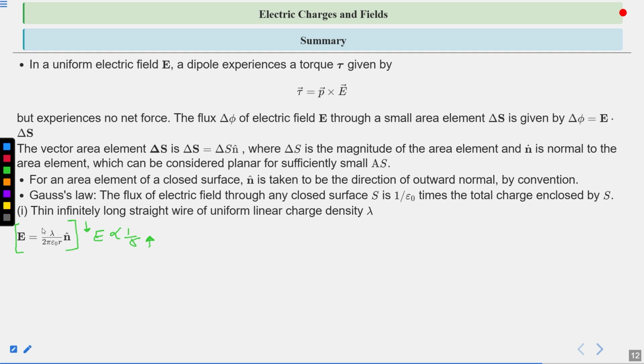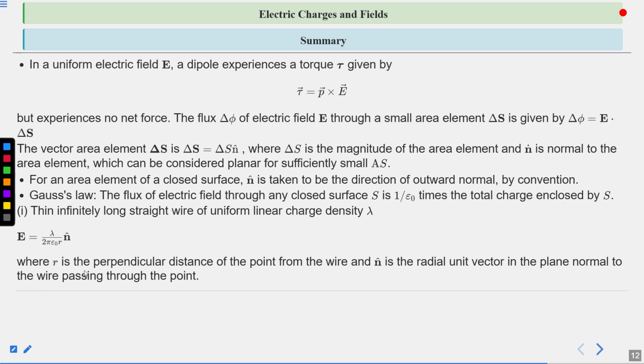And E is directly proportional to lambda, that is the linear charge density, where r is the perpendicular distance of the point from the wire and n cap is the radial unit vector in the plane normal to the wire passing through the point. The main important formula is only this one, so you need to remember this. E is equal to lambda divided by 2 pi epsilon naught r n cap.